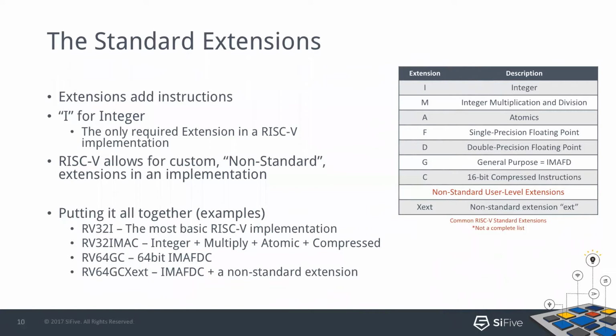RV64GC, which is the name that we saw in the previous slides, adds integer multiplication, atomic, single and double precision floating point, as well as the compressed instructions. And then an example of a non-standard extension is capital X followed by EXT, which would be the name of the non-standard extension, EXT.